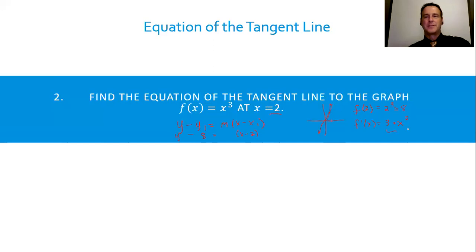Sometimes students like to take this and put this in for the m. And not quite, okay? We usually have slopes that are represented through numbers, okay? In fact, we want the slope not for any number, but for a specific one, and that's when x equals 2. All right, so we're going to say f prime of 2 is equal to, sorry, not 2 cubed. It's equal to the derivative, which is 3 times 2 squared.